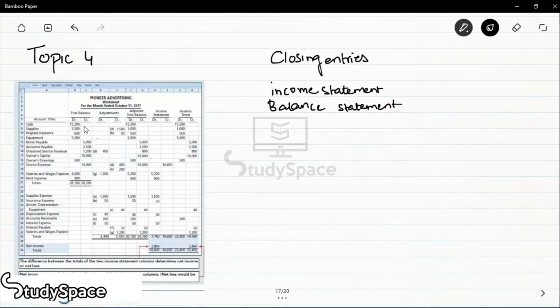As we can see here, first we have our trial balance, then we have our adjustments to this trial balance, and we can see which product had a particular adjustment in it. For example, our supplies were dropped by 1500 because that came to our expense and that was reduced out of our assets, leaving our supplies to be 1000.